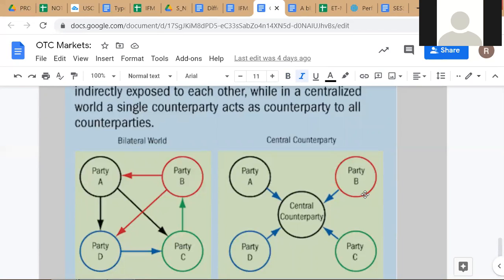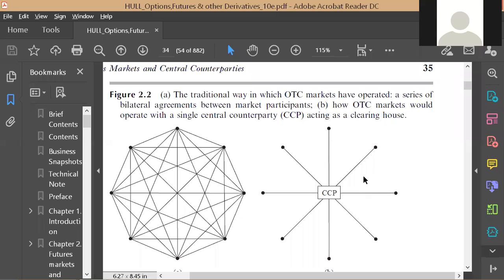As you can see, it's the same kind of concept, showing the traditional method and the new method, which is happening for a lot of OTC contracts, but not all of them. The distinction has not yet fully materialized, but it is happening for many products where the products are quite standardized.